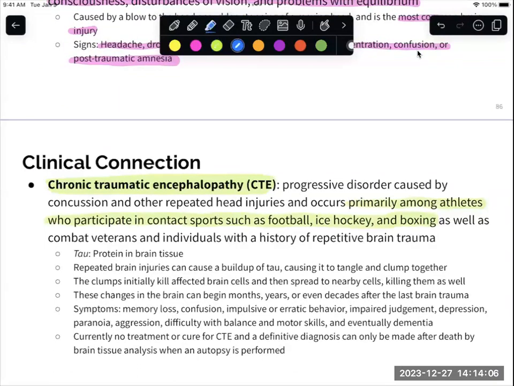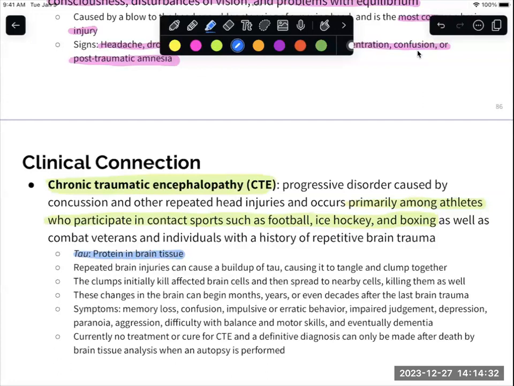And what happens is this tau, which is a protein in the brain, can start to clump up. It can start to build up and tangle. These clumps can kill brain cells, and then they start to spread to neighboring tissues, killing them off as well.